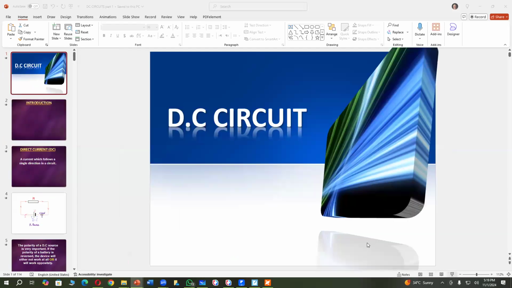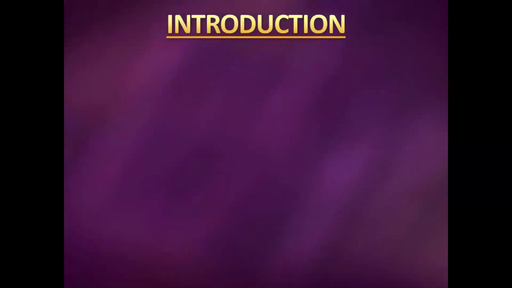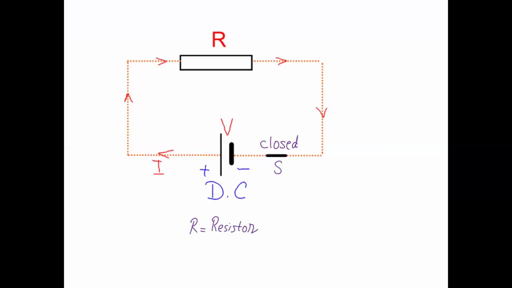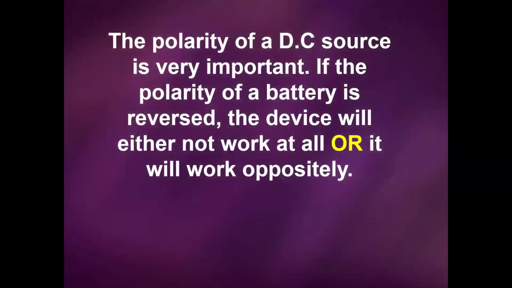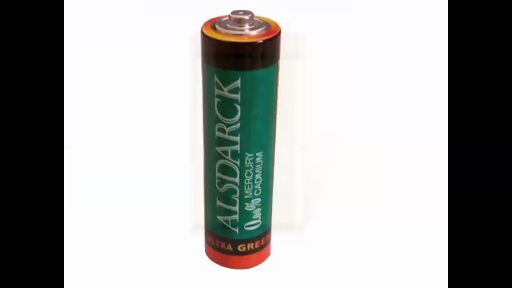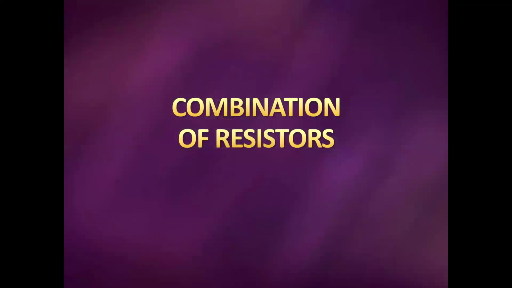Now we talk about circuits. Circuits are very important. When you follow a single direction of current, it is called DC. A DC circuit is normally run by a cell or a battery which has a permanent polarity. There are different types of circuits.